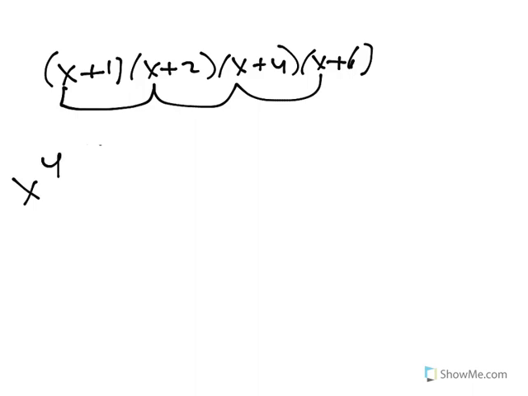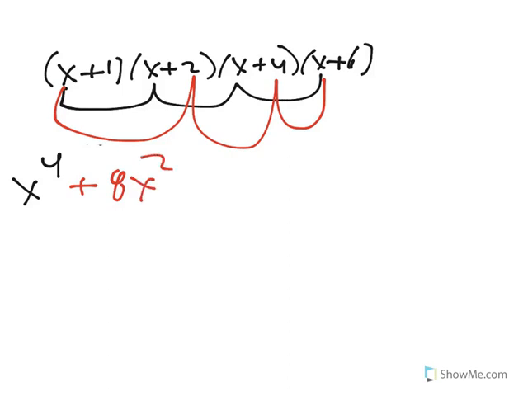Or I could use this x with this 2 with this 4 with this x to get x times 2 times 4 times x, which is 8x squared. Or I could use the 1 and the x and the 4 and the 6 to get 1 times x times 4 times 6, which is 24x. And there'd be maybe 16 of these terms.